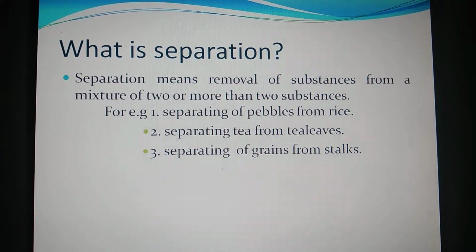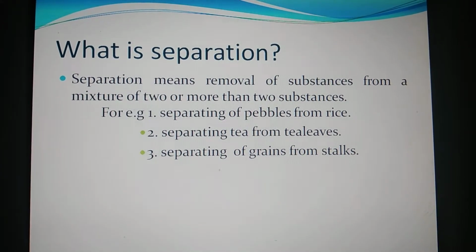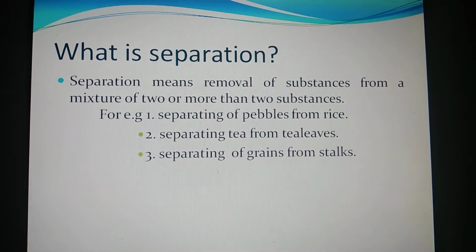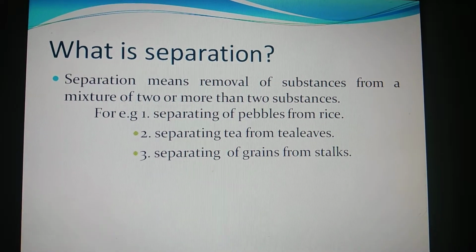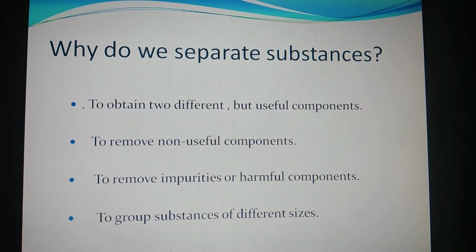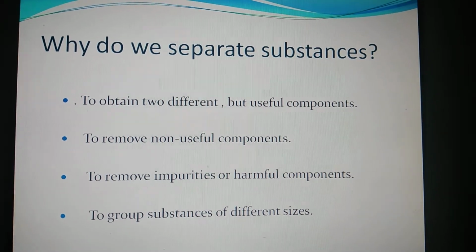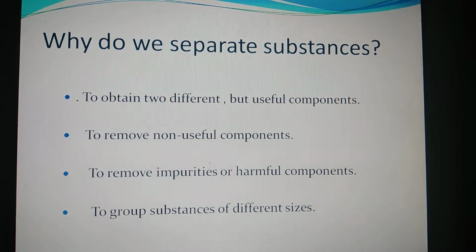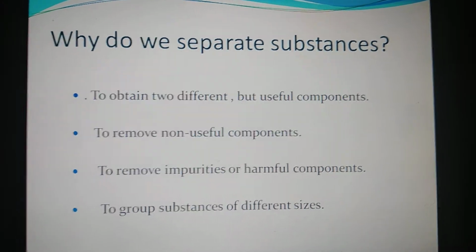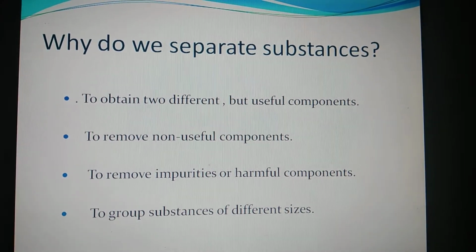But why do we separate things, or why do we need to separate out certain substances? To obtain two different but useful components. So we need to separate out substances to get useful components and to remove the non-useful components.